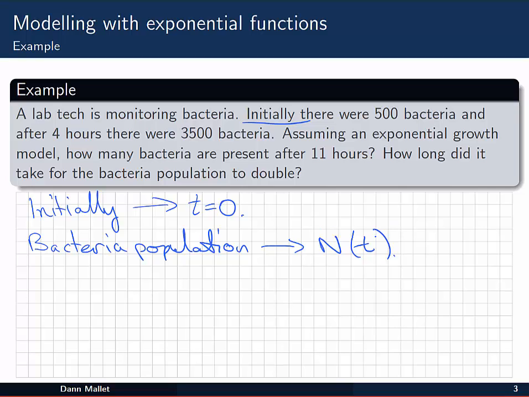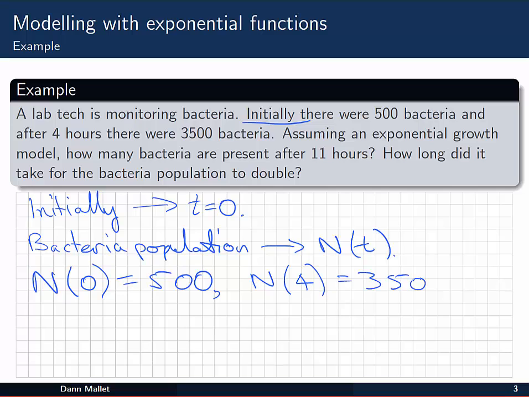So initially, if there are 500 bacteria, we can say that N at 0 is equal to 500. We're then told that after 4 hours, there were 3,500 bacteria. If t is our time in hours, we could write N of 4 is equal to 3,500.